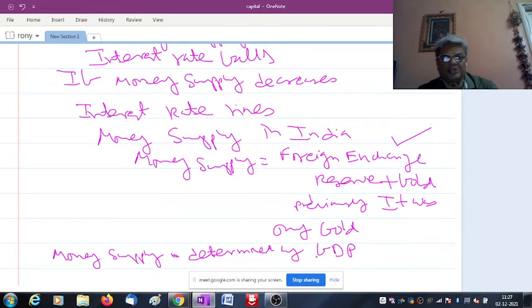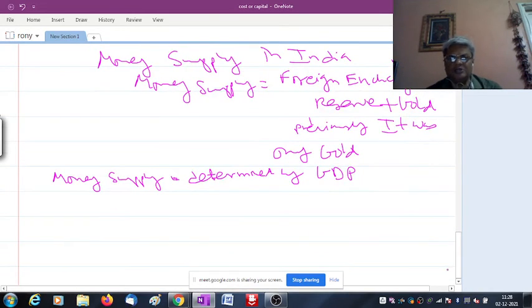We will supply that type of money that is equal to my GDP. Got it? Yes. So basically, actually I am diverting towards economics, it is not my area. But to help you to understand finance, because economics is a wide area. Unless and until you understand economics, you cannot understand finance. It's also a part of finance.